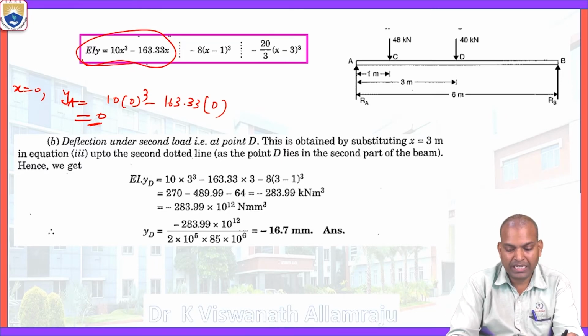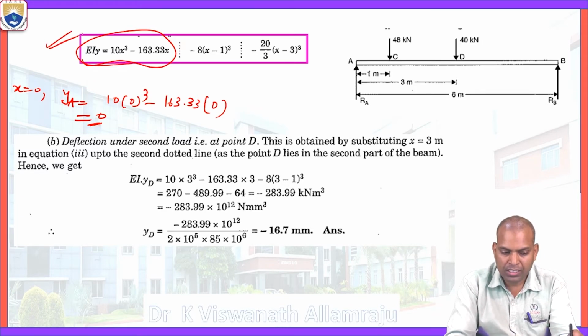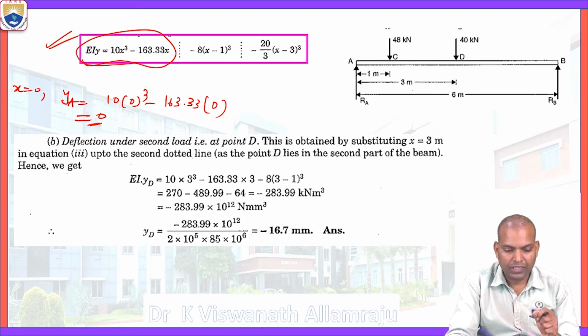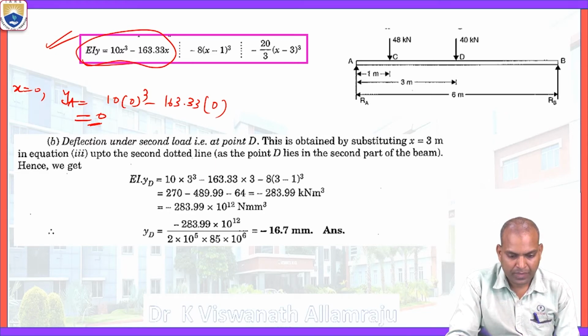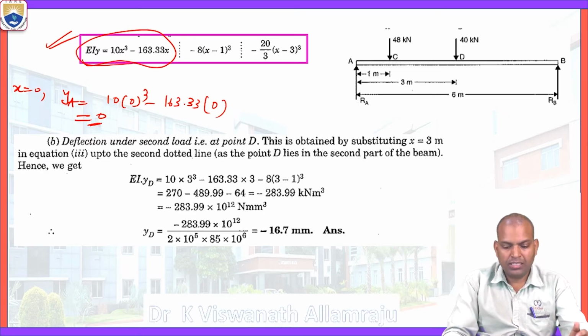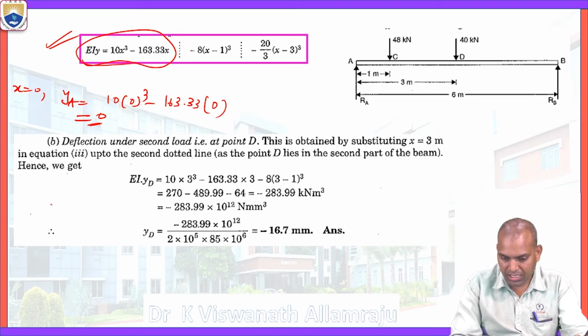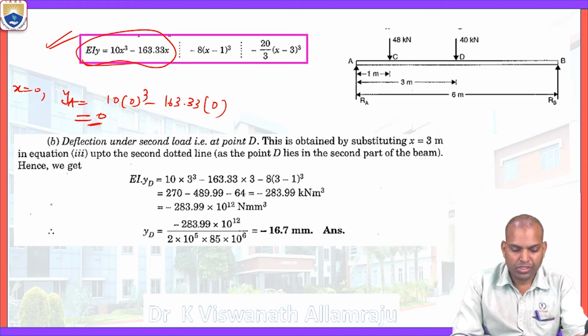Similarly, if you substitute x equal to 6 at support B, the value should come 0. If it is not 0, there is a problem, a lacuna in the equation. That is the validation of the deflection equations. This is the methodology. In this manner we have to solve the deflections at the applied loads at C and D by using Macaulay's method.